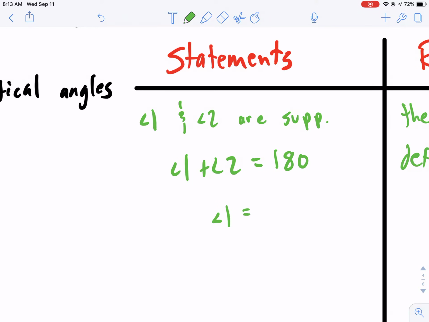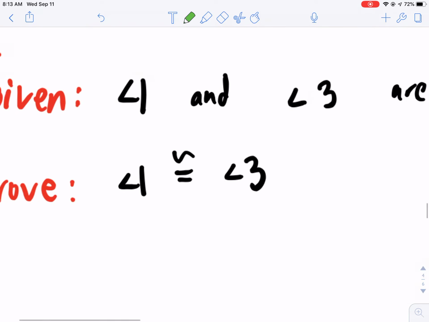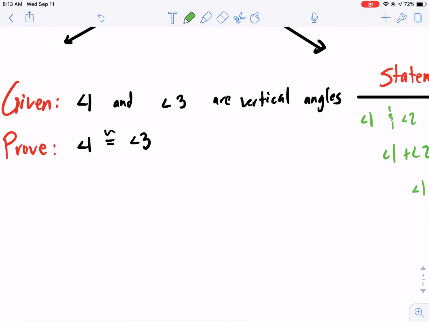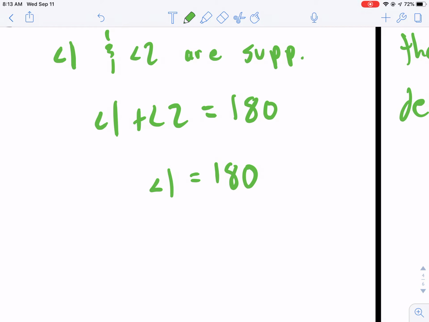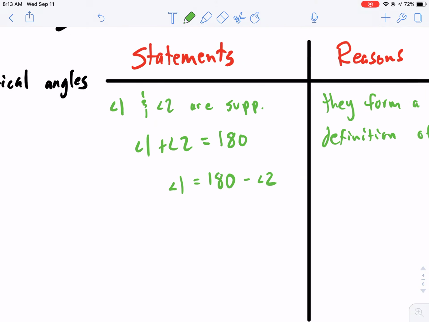You're probably wondering why. I'm combining steps here, but I want you to see that we're getting angle 1 alone. If we're trying to prove angle 1 is congruent to angle 3, then we need to know what angle 1 equals. So we subtract angle 2 from 180, and we're just going to leave it like that.